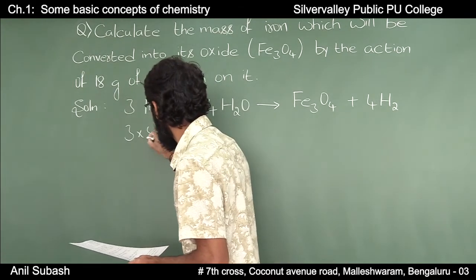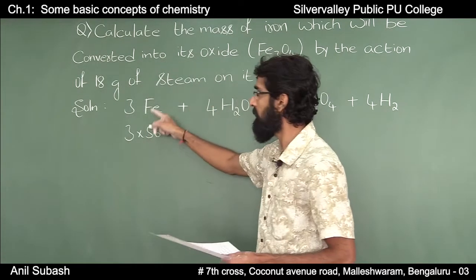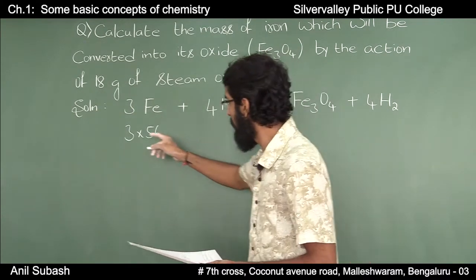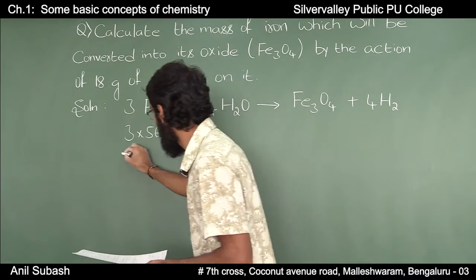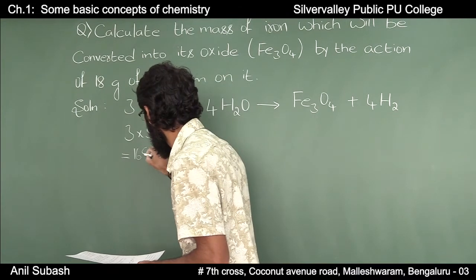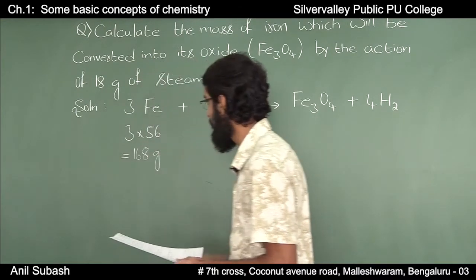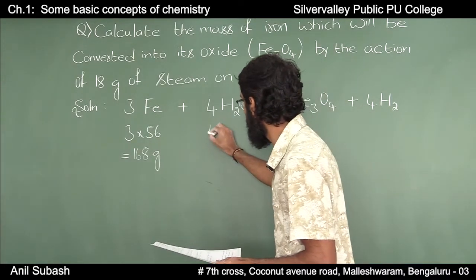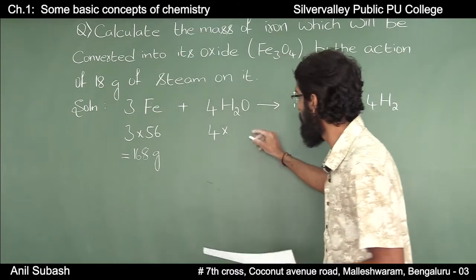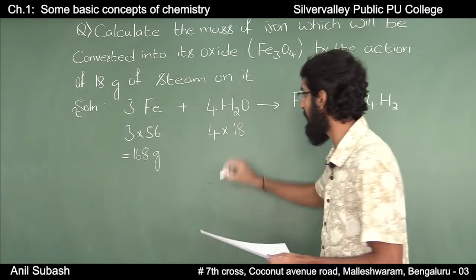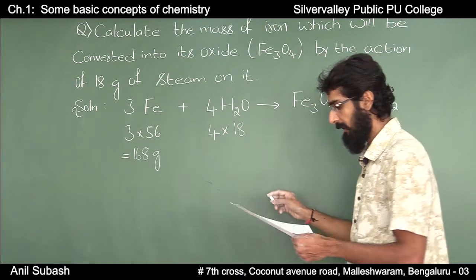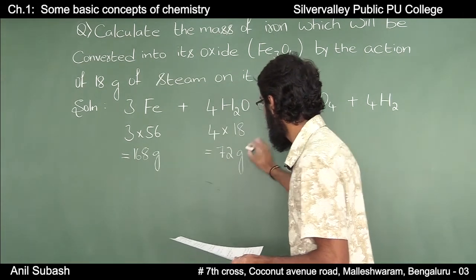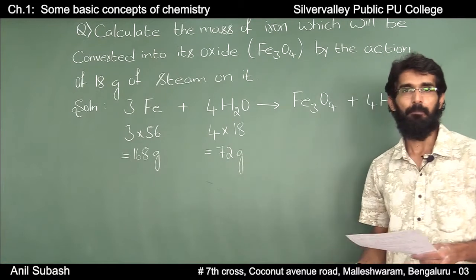Now, according to this equation, 3 into 56, where 56 is the atomic mass of iron, therefore 3 into 56, that is 168 gram of iron combined with 4 into 18, 18 is the molecular mass of water, that will be equal to 72 gram of steam.